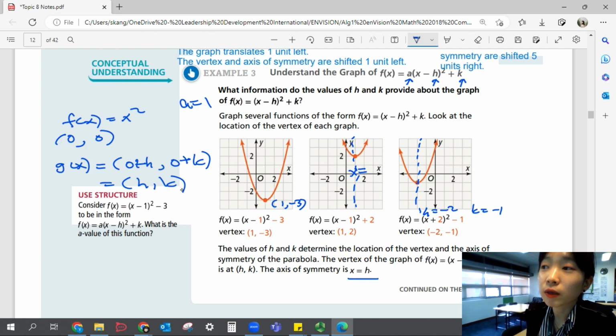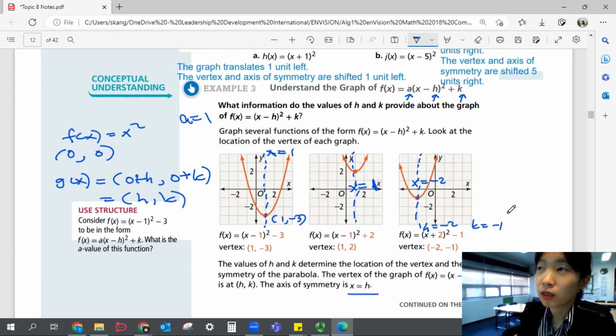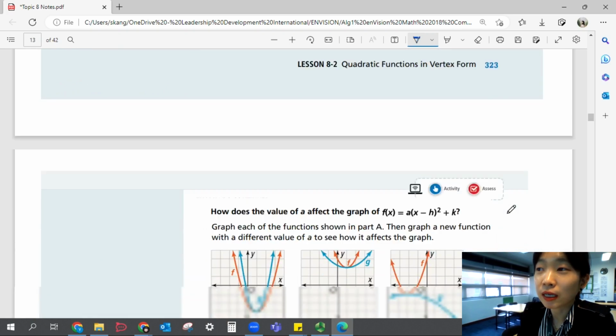X is always going to be moving h units. So x has to be h. In this case, h is 1, so x is 1 here. In the other one, x is -2. And this line of symmetry is x equals 1. You see that? Yeah, that was example 3.